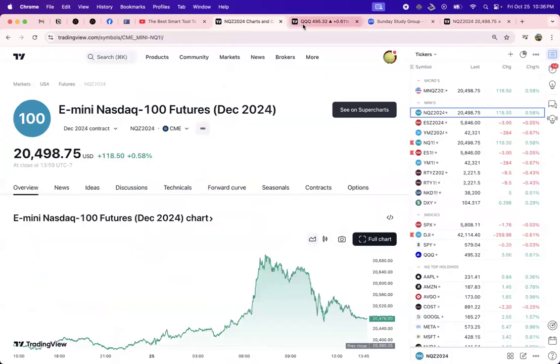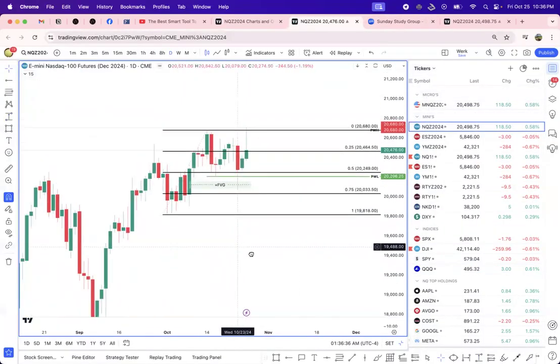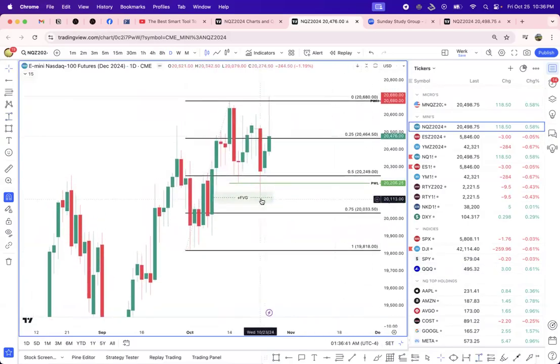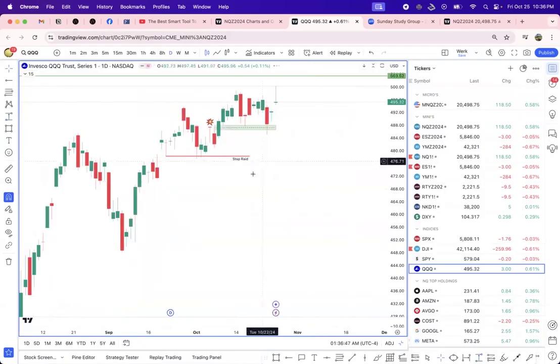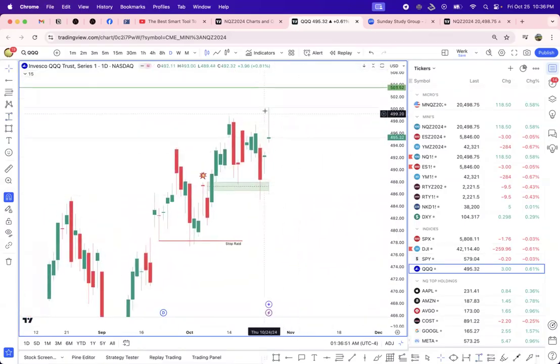And then also for people who, say, for example, trade spreads on QQQ, with the understanding that price is going to be drawn up here to previous week's high, you can get rich. You can literally get rich.